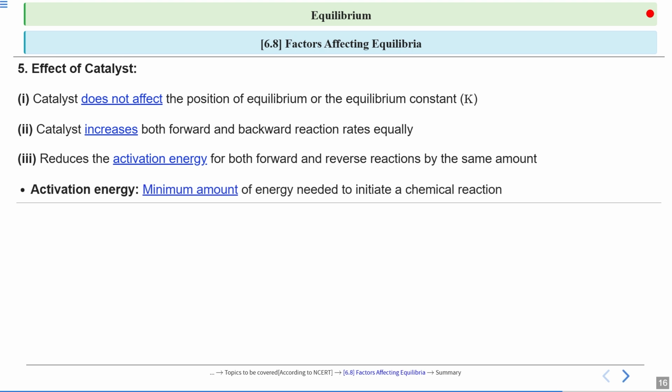So what you will remember is that catalyst helps us reach the equilibrium state faster. It is not changing the equilibrium position or the equilibrium concentration, neither is it changing your equilibrium constant value, right? So it is only affecting the rate of the reaction, increasing the rate of the reaction.